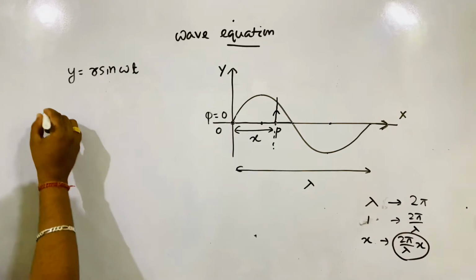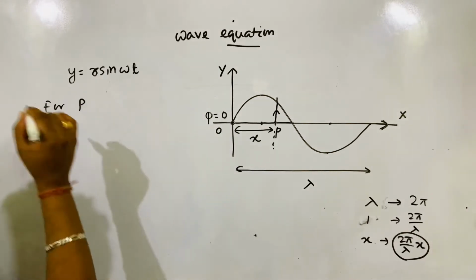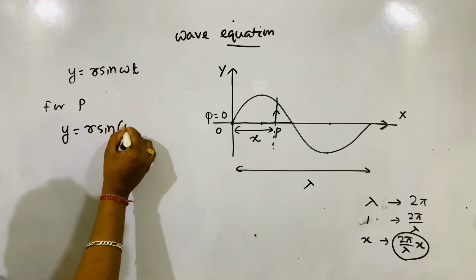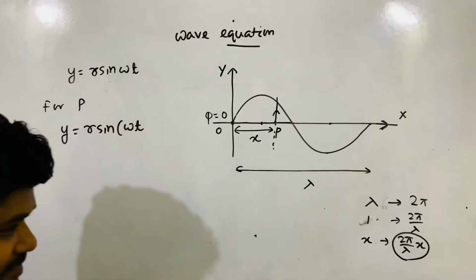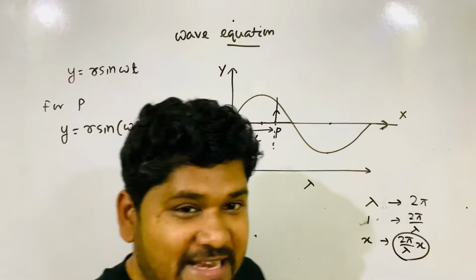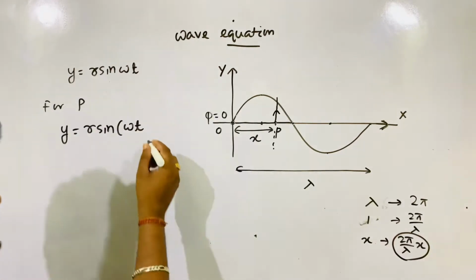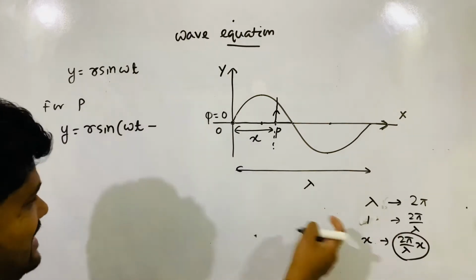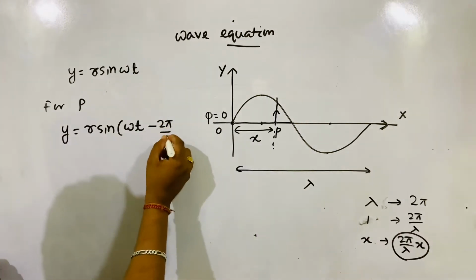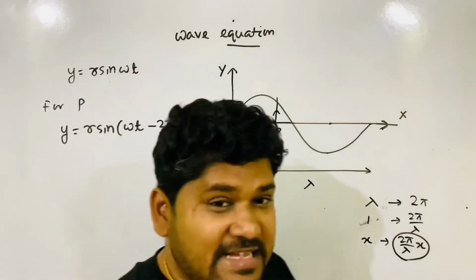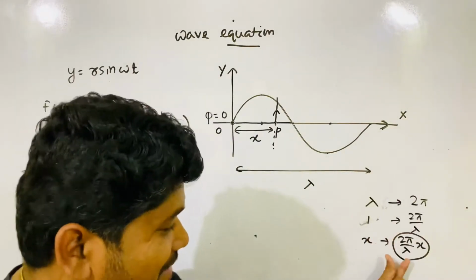Now let's write the equation for particle P. So y is equal to r sine omega t. But it lags. Lags means which sign will I put, plus or minus? Minus sign. So minus how much phase it lags? This much phase it lags, 2 pi by lambda into x.